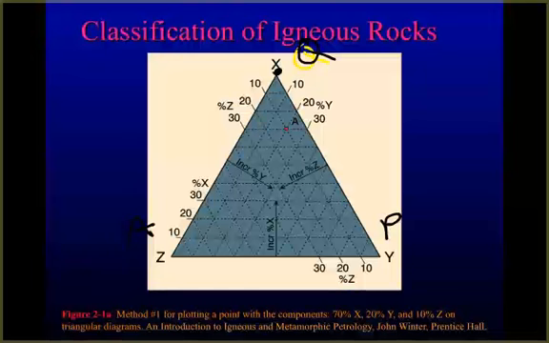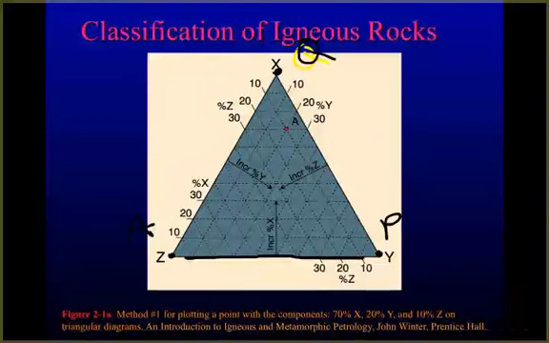If your rock had 100% plagioclase, it would plot in that corner. 100% K feldspar would plot in that corner. This line down at the bottom, therefore, represents a mixture between alkali feldspar and plagioclase, but 0% quartz. So 100% quartz up here, 0% quartz on that line.